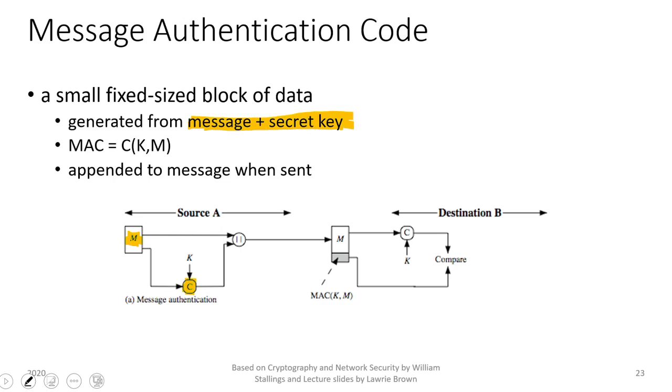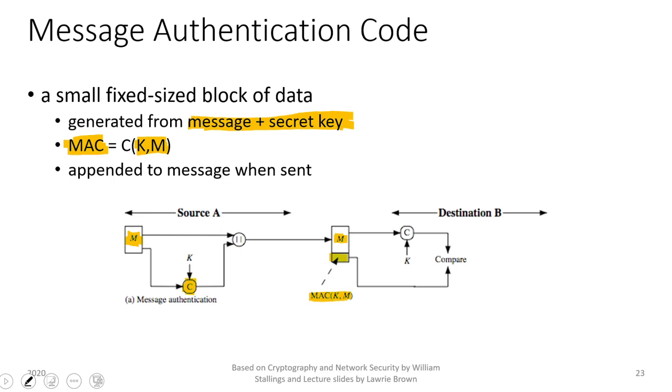Then the message authentication code is a combination of the secret key and the message. Then it will be attached to the message and sent. So the message authentication code will be sent along with the message.